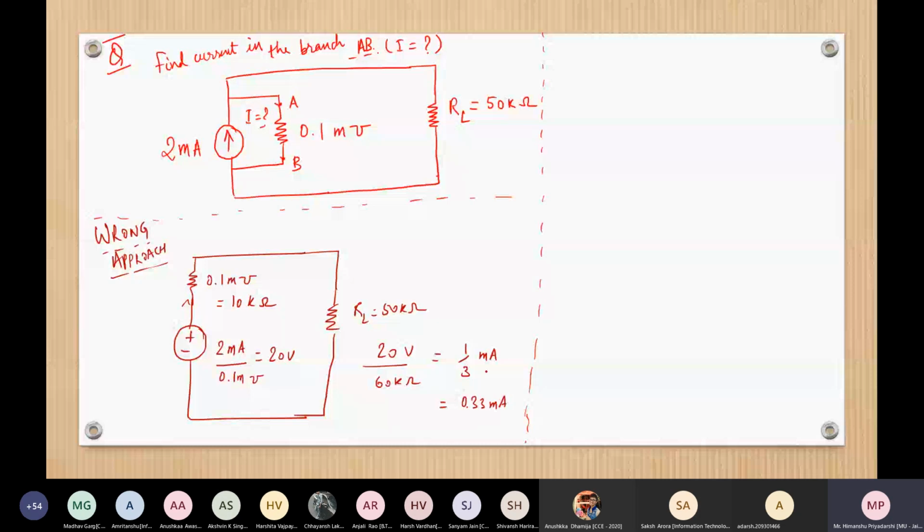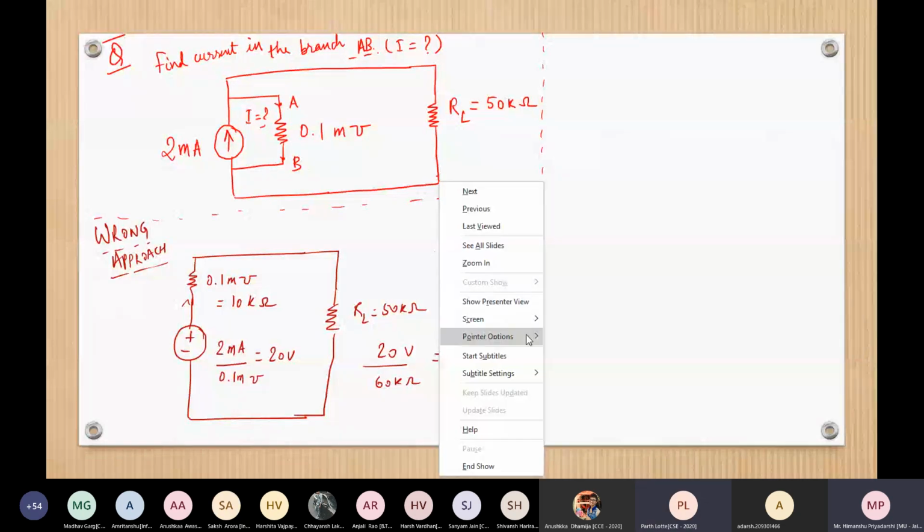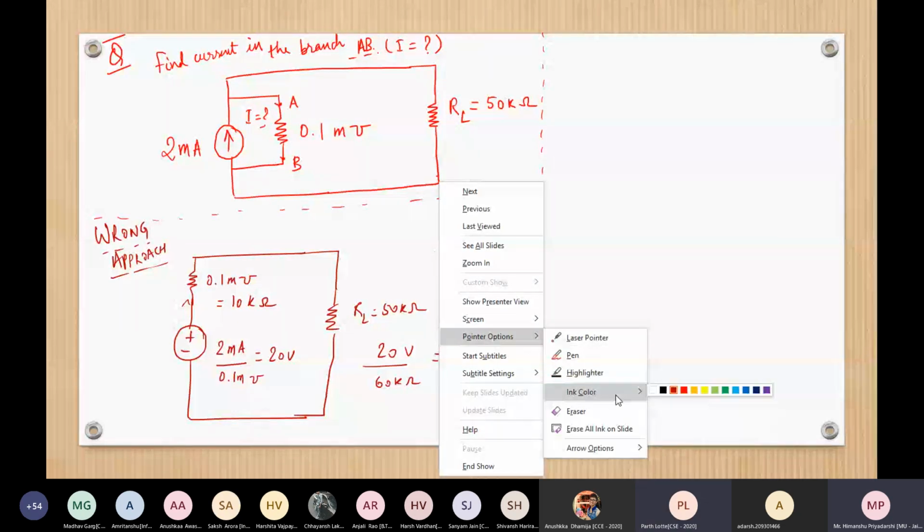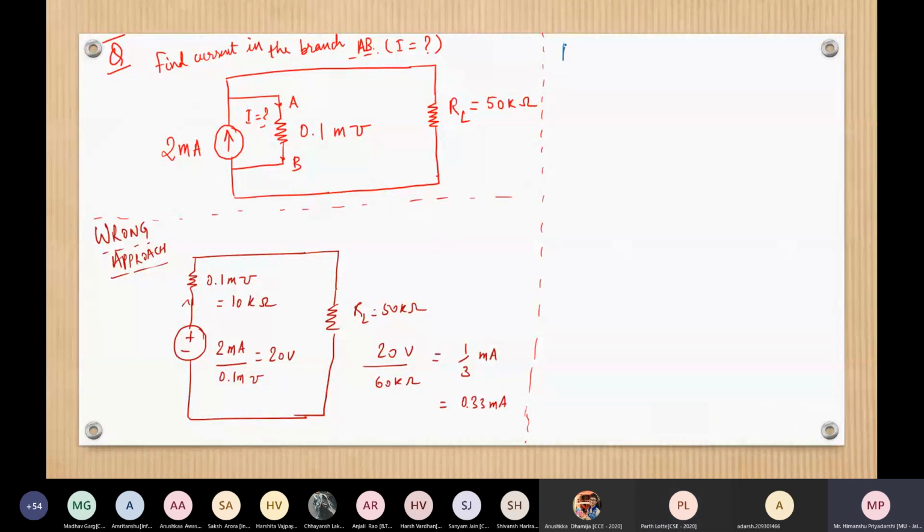Is it the correct answer? Yes or no? Nobody is saying a word. Why? You must have calculated. Sir, I don't think it's the correct answer, sir. It's wrong. In fact, you can just see it's the wrong approach only.